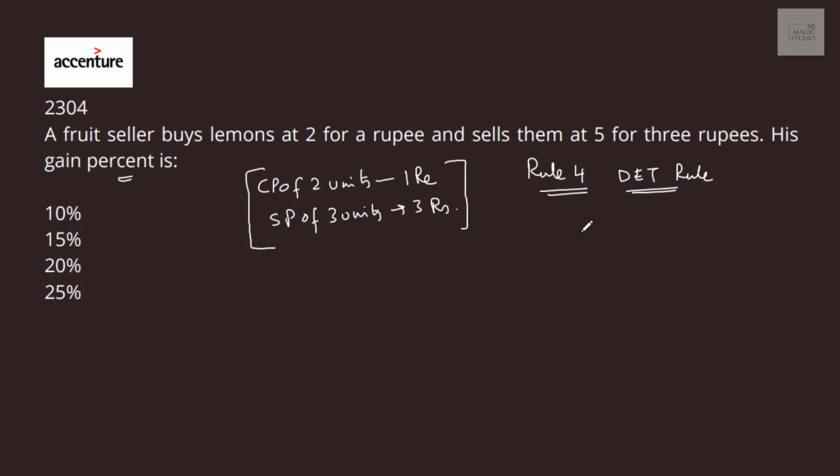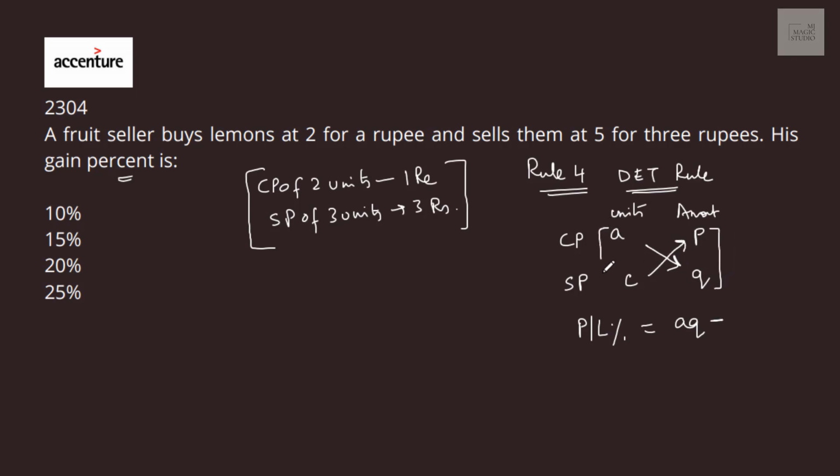And it's very simple. Suppose CP of A units is P and SP of C units is Q. Then profit or loss percentage is given by the principal diagonal AQ minus the secondary diagonal, if we assume this as a determinant, AQ minus the secondary diagonal CP, divided by the secondary diagonal CP, into 100.